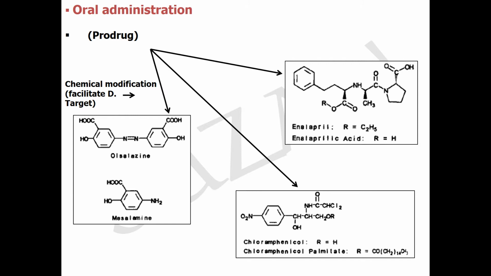So they converted mesalamine to a prodrug by making a dimer of mesalamine by azo linkage. So I have olsalazine, which is considered a prodrug, and this dimeric form can pass through significant portion of the intestinal tract before being cleaved. It reaches the colon before being cleaved to 2 equivalents of mesalamine by intestinal bacterial enzymes.